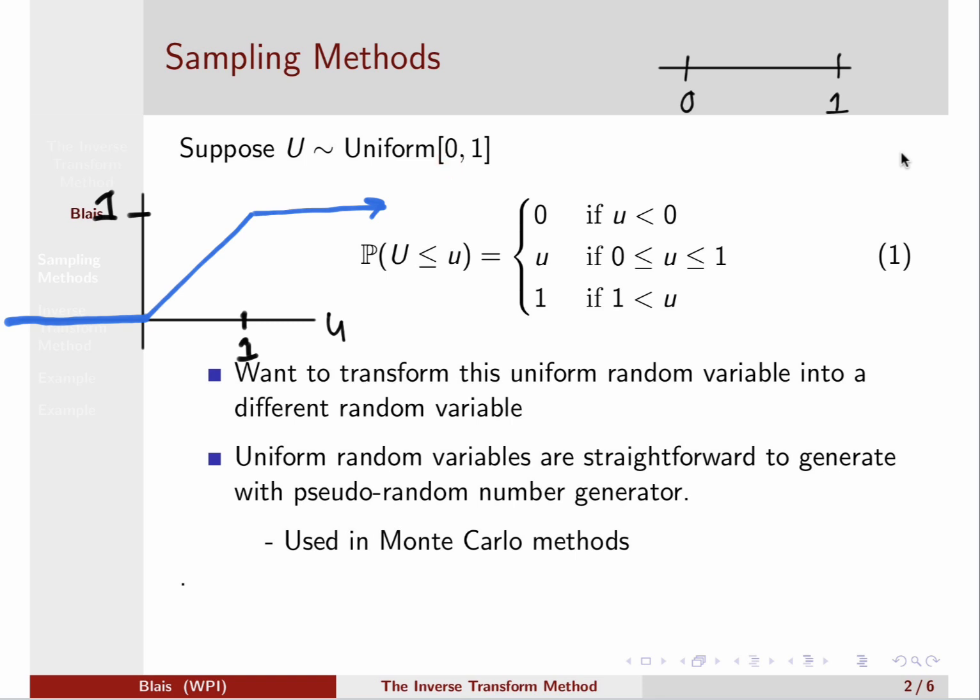And we can actually, in a relatively straightforward way, generate pseudo-random samples of these types of uniforms. And a lot of what people call random number generation, which really should be called pseudo-random number generation, is based on the idea of having the ability to generate pseudo-random uniform 0, 1s.